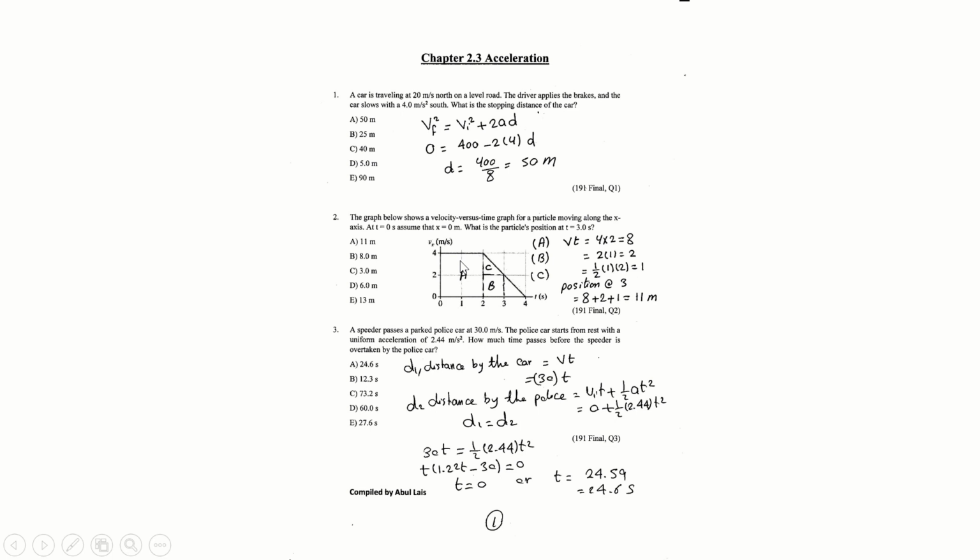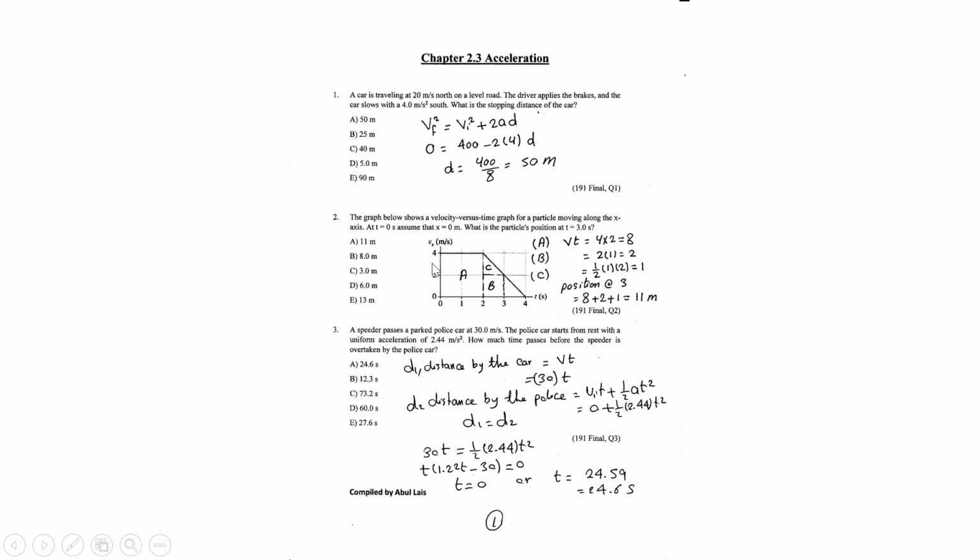Here I have area A, which is a square, area B, which is another smaller square, and area C, which is a triangle. If I find area A plus area B plus area C, that will give me the distance, which is the area under the graph from 0 to 3.